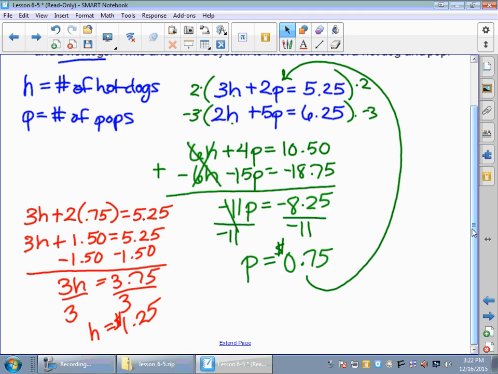Your solution then, H comes before P, $1.25 and 75 cents. In a word problem, I really don't care to worry about the actual ordered pair part. It's telling a story. So I would say hot dogs cost $1.25 and pops cost 75 cents.